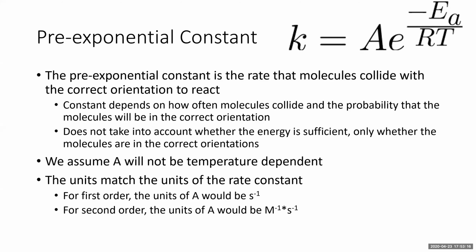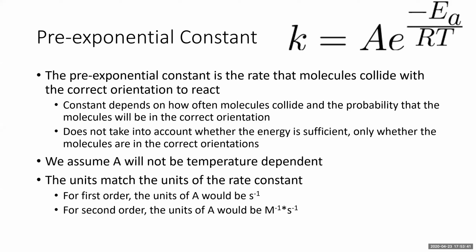And then the pre-exponential constant is the A in front of the exponential term. This pre-exponential constant measures the rate that molecules collide and have the correct orientation. So it's really made of two parts. It depends first on the rate of collisions overall.